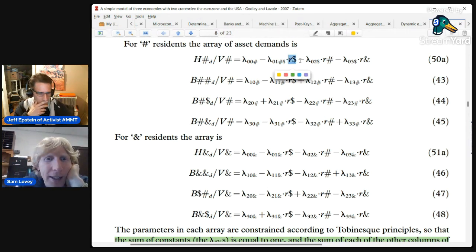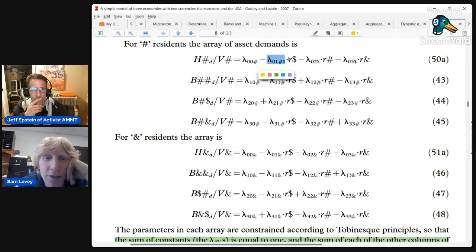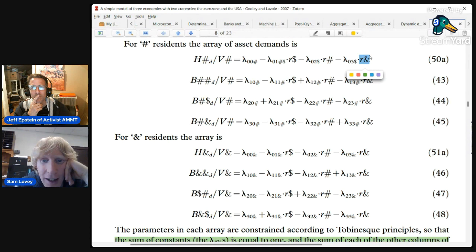So this is saying, if the interest rate in the U.S. goes up, how much is that going to affect somebody in France's desire to hold money? This parameter, or this coefficient, tells you how much. Okay. I understand that. So you can see in this column here, this is all the interest rate in the U.S. This is all the interest rate in France, and this is all the interest rate in Greece in this column, right?